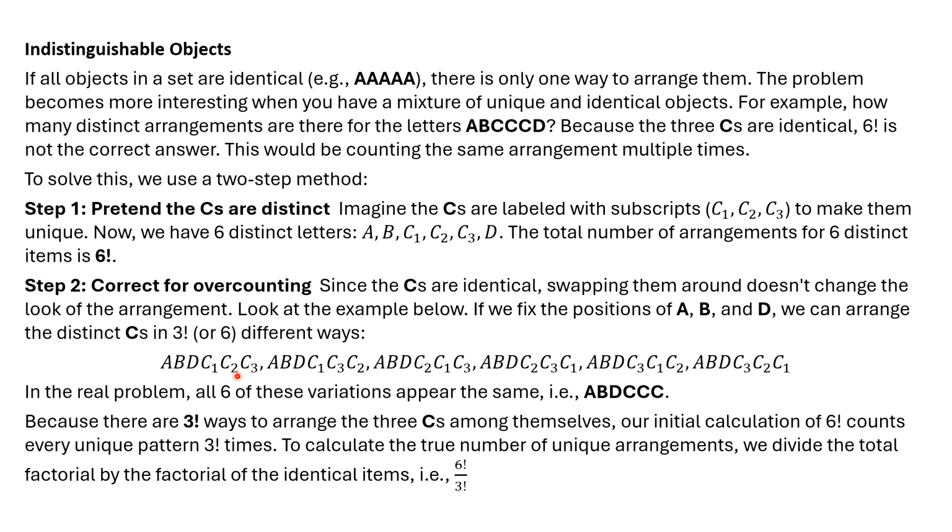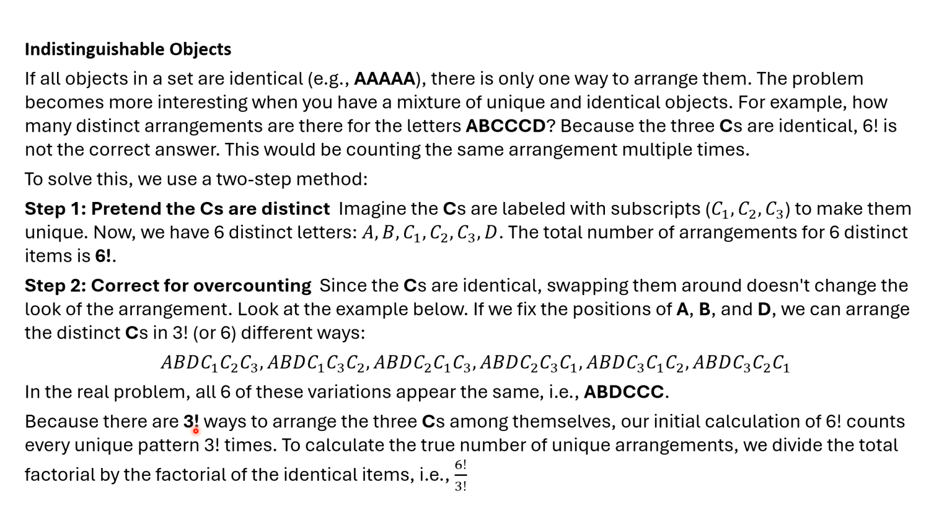So here we have C1, 2, 3, then 1, 3, 2, 2, 1, 3, and so forth. So in the real problem, where the C's are indistinguishable, all 6 of these appear the same as A, B, D, C, C, C.